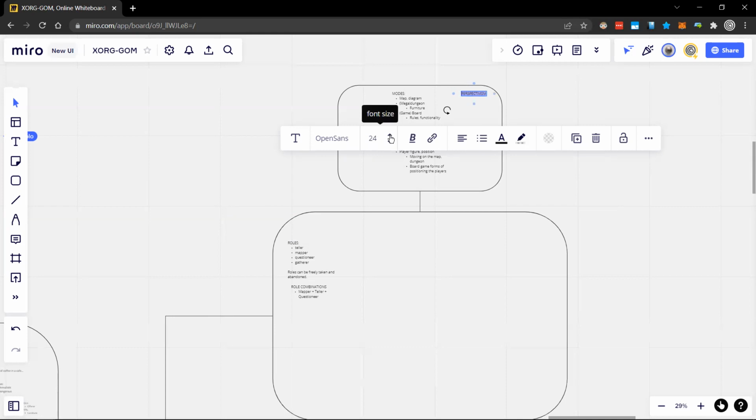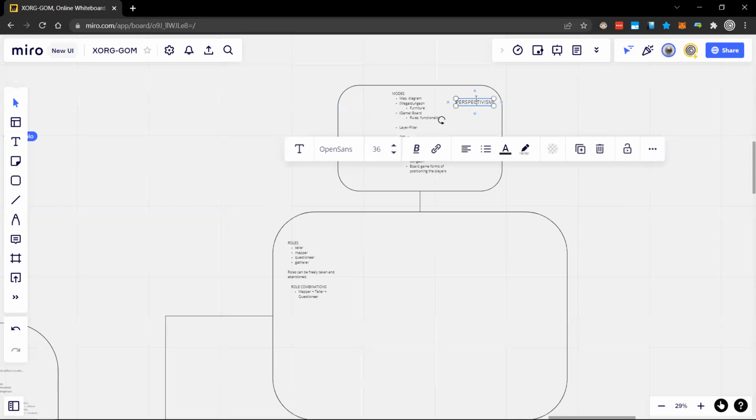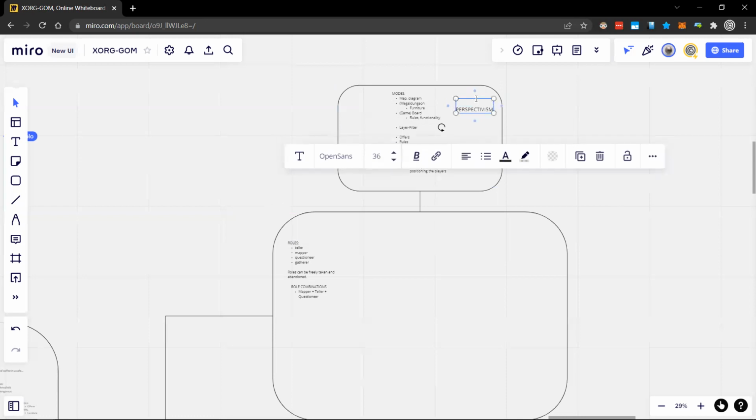We haven't really tried, or very little. I kind of agree. It's an interesting possibility precisely because of this perspectivism. And I actually moved the modes to a small room connected to the first room, and I'm calling it the anteroom of perspectivism.